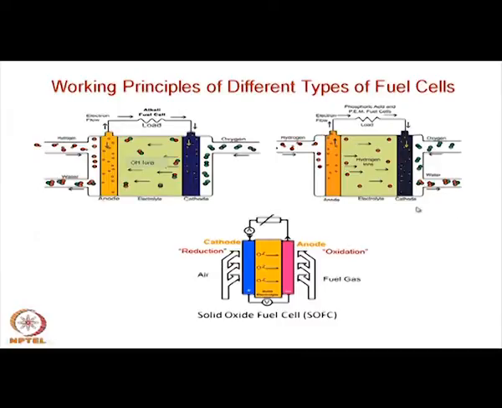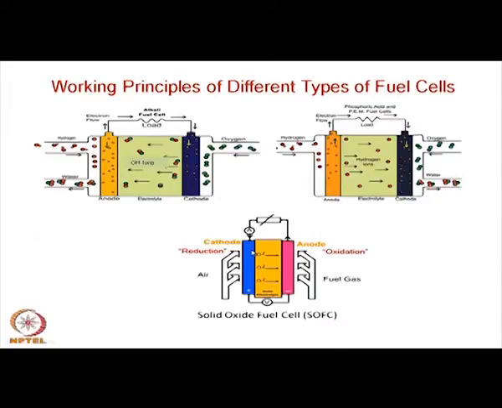So, here oxygen or air is supplied to this side and gets ionized, and then oxygen moves there and combines with the fuel, maybe hydrogen or carbon monoxide. Once again the product of combustion is on the fuel side, and air comes from the other side. And you produce a voltage here, and this is the load on the external circuit.